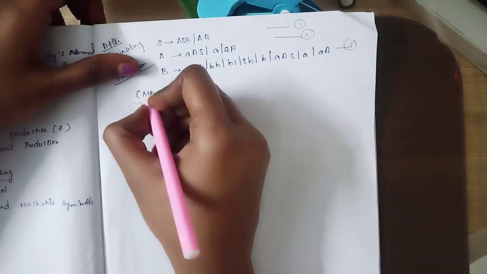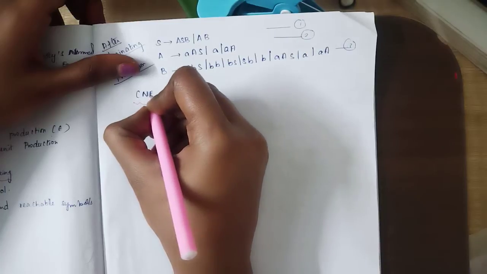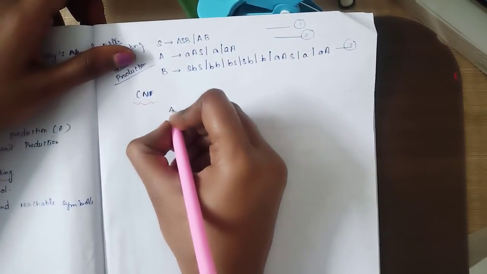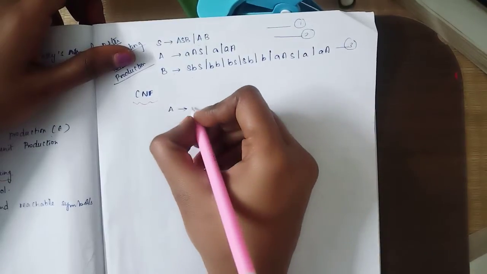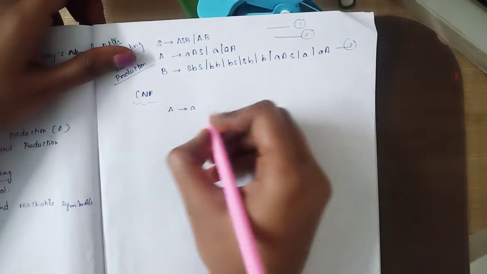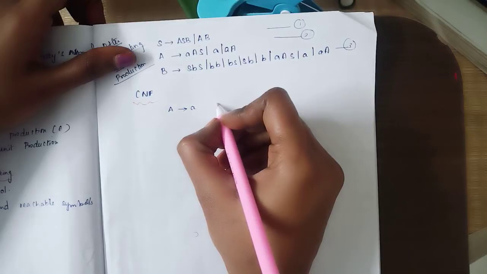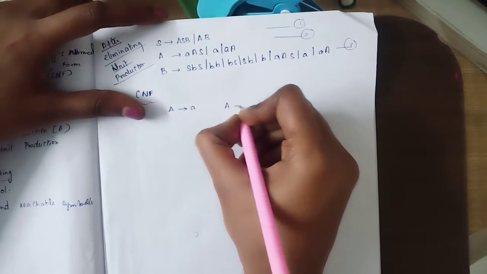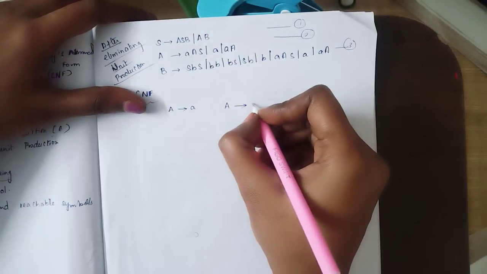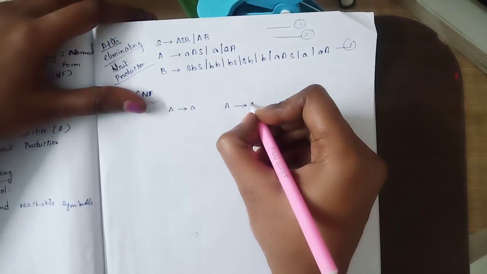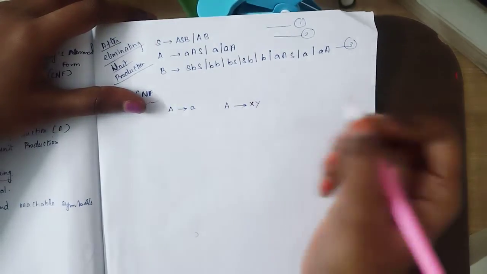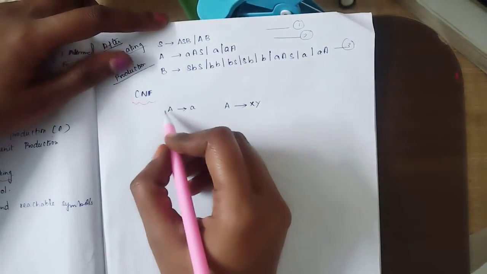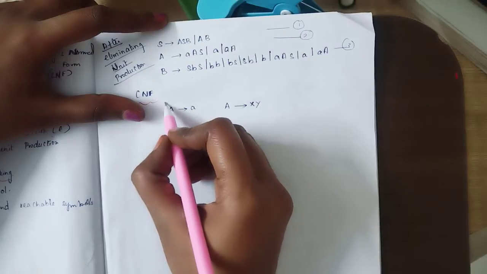So what is CNF? Chomsky's normal form looks like this: A tends to a, or A tends to XY. Chomsky normal form tells you two important things.